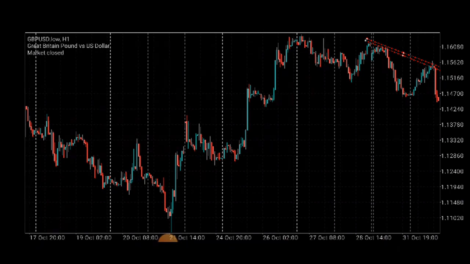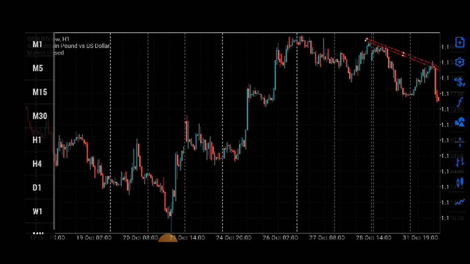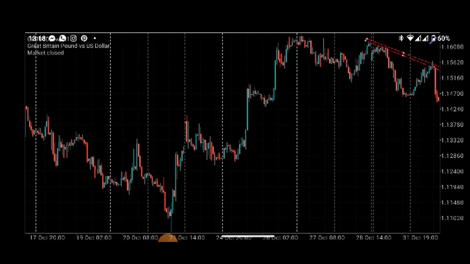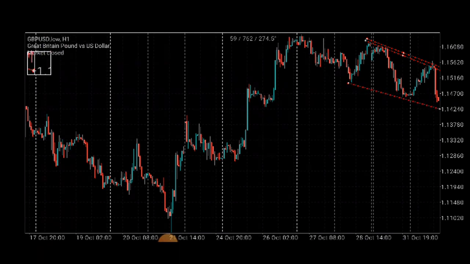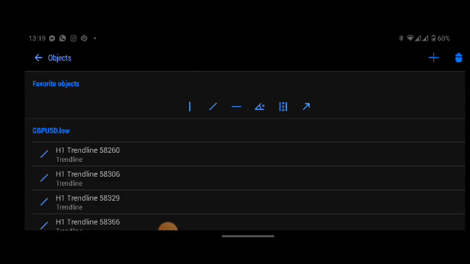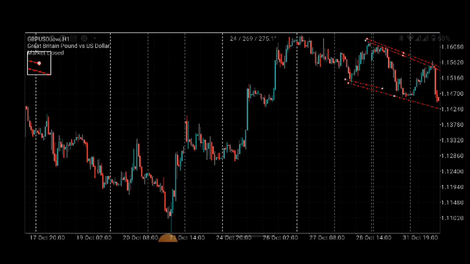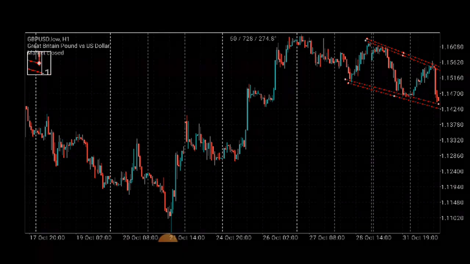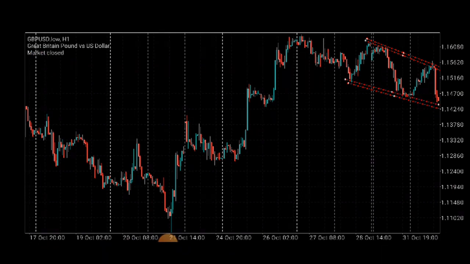So that is your area of resistance. Now let's draw the area of support also. You start from here, this is where it started breaking. You have to draw another that includes the body, okay? So like I told you, in between the two lines are your areas of interest.